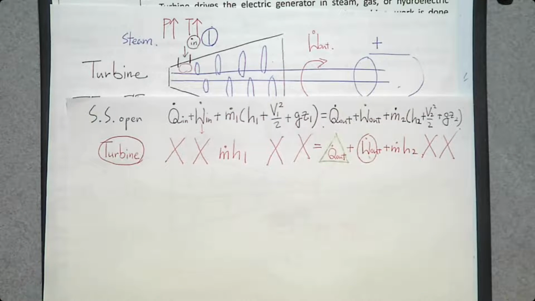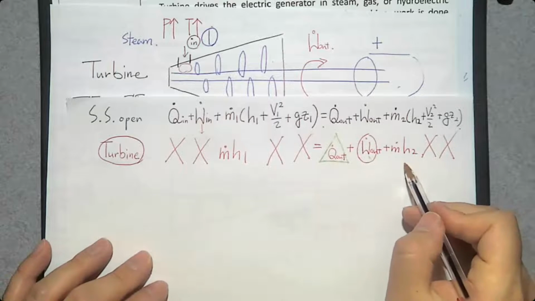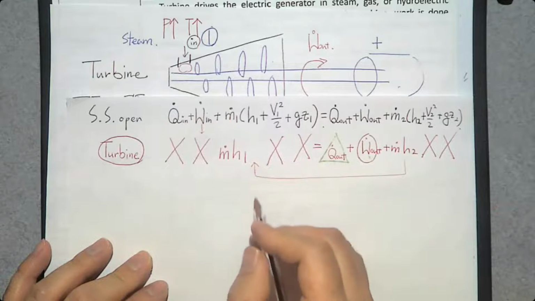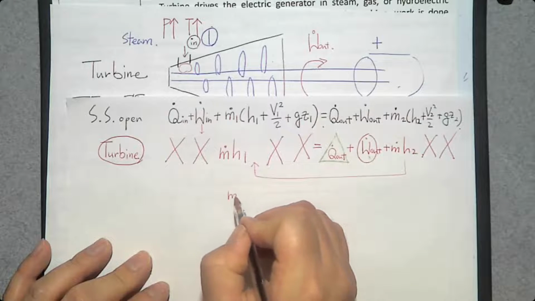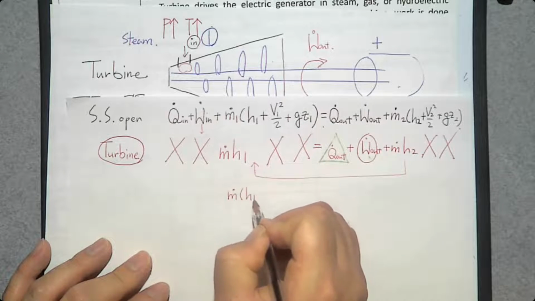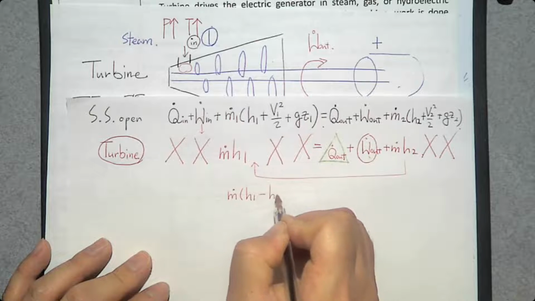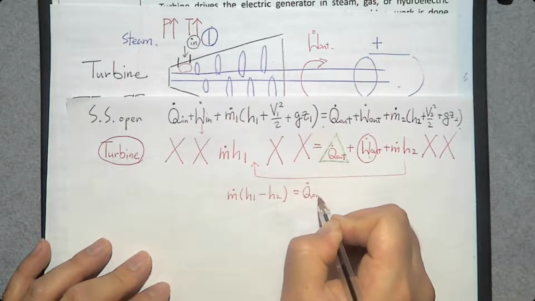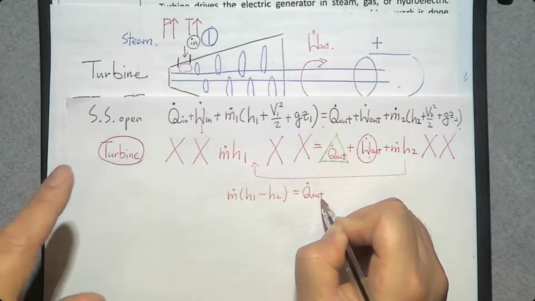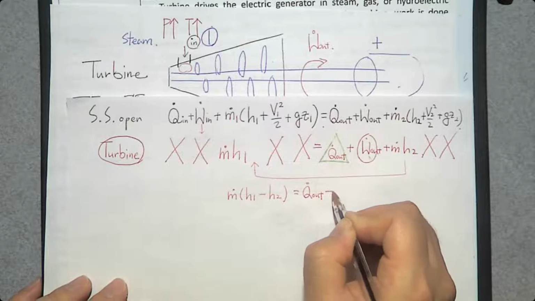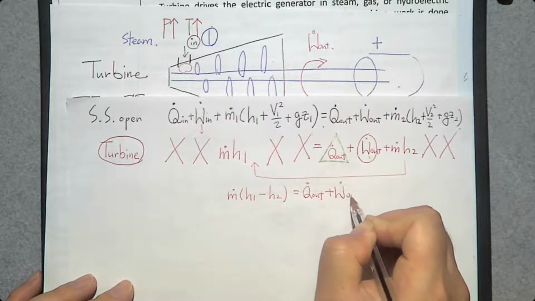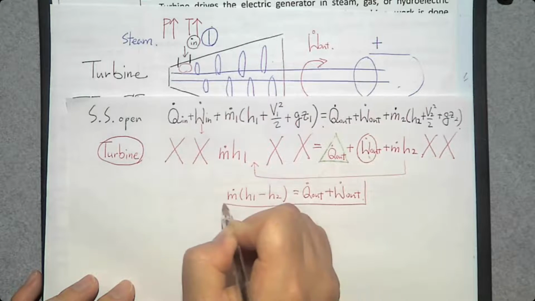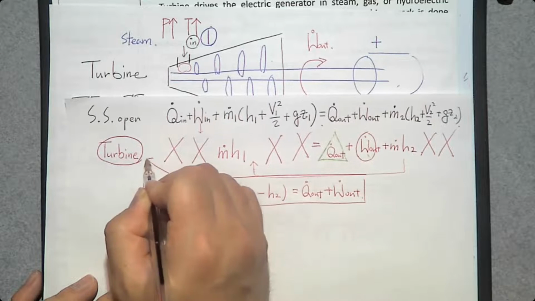So that is the turbine. If we move this one to the left-hand side, for the turbine it is m dot (H1 minus H2) equals possibly Q dot out, which you can neglect if you have an adiabatic turbine system, plus W dot out. So this is the energy balance equation for a turbine system.